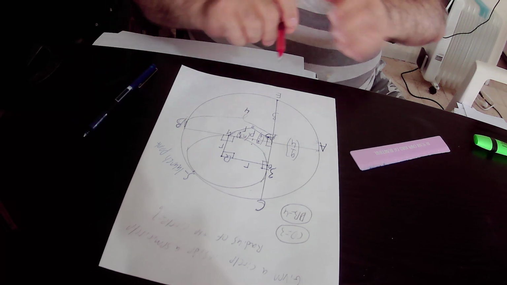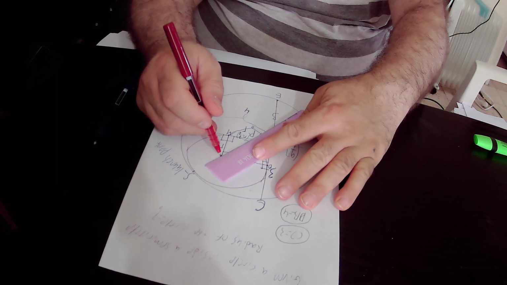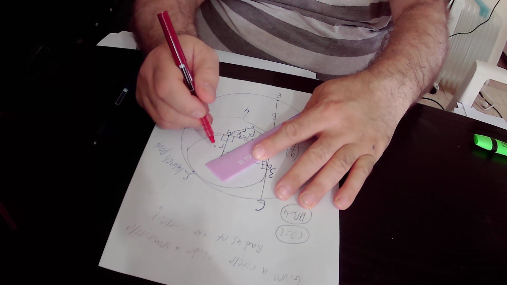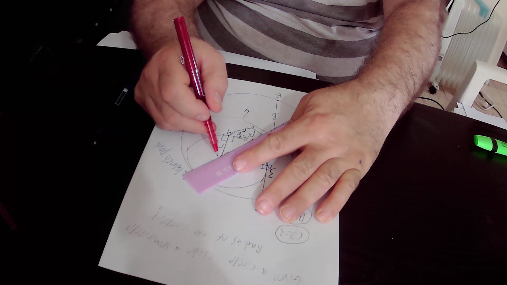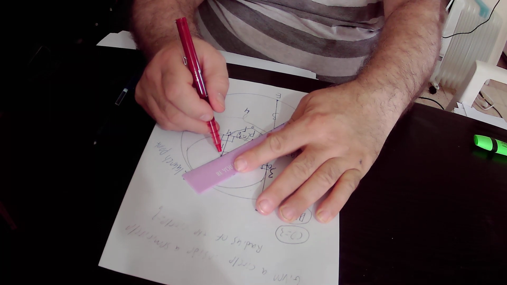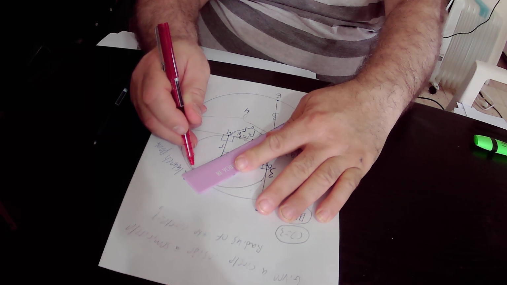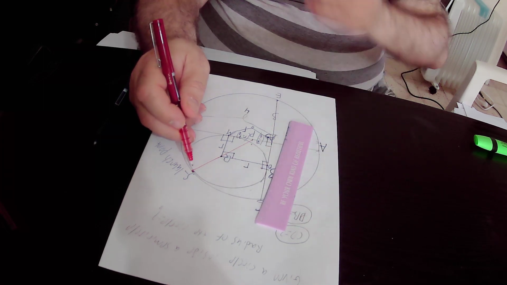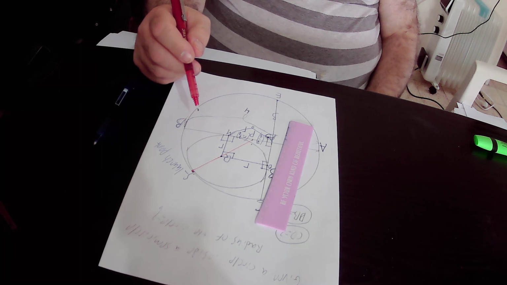So here we have the straight line PQ that connects the two centers together, and according to rule number 2, the straight line PQ passes through point S, that is the tangent point of those two circles.